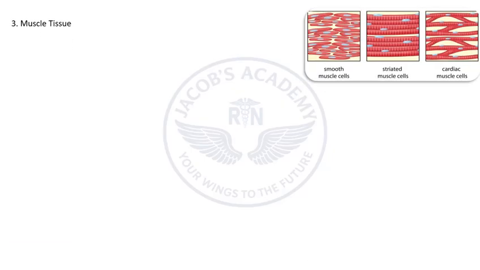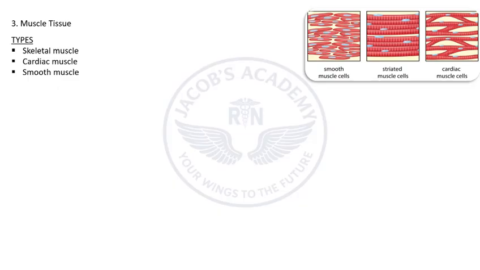The third type is muscle tissue, and it is responsible for producing all types of movement in the body. There are three types: skeletal muscle, cardiac muscle, and smooth muscle. Skeletal muscle is attached to bones and helps in voluntary movements such as walking, lifting, and speaking. Cardiac muscle is found only in the heart.